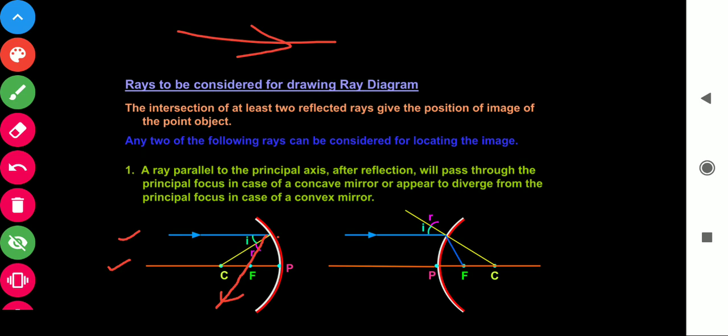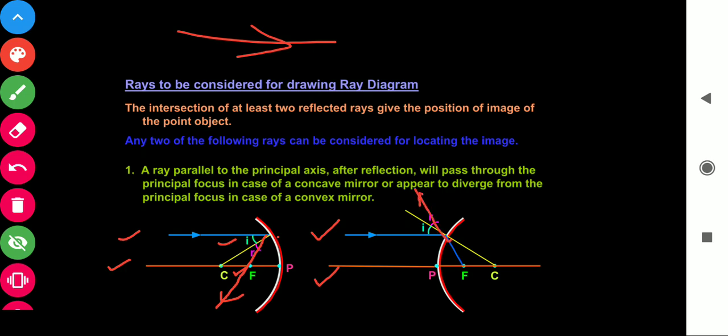The line which meets the C is normal to this mirror, and this is angle of incidence, this is angle of reflection. In case of convex mirror, same. Whenever a ray comes parallel to the principal axis, it will also come to the focus, and we will draw it like that.